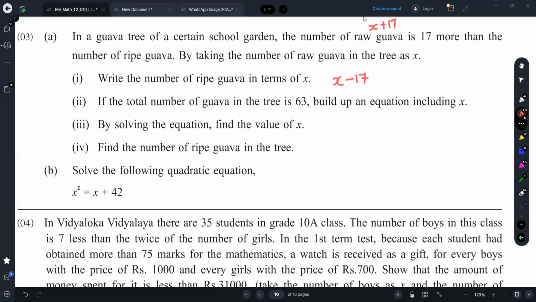If the total number of guava in the tree is 63, build up an equation including x. Total number is 63.